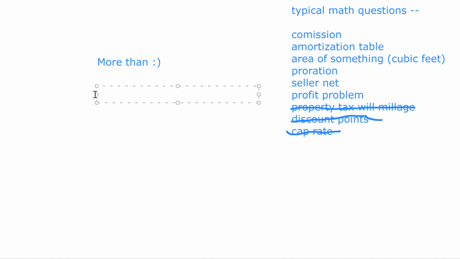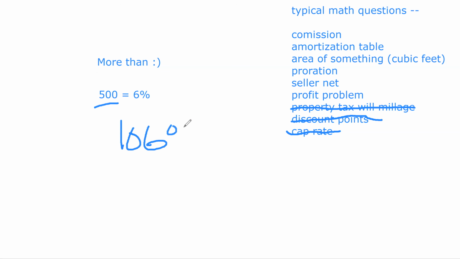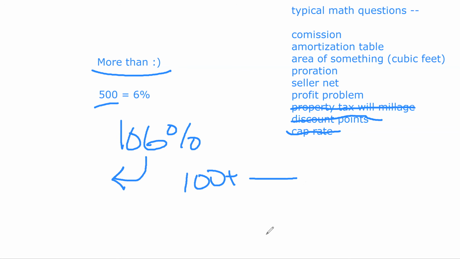So here's what I'm going to tell you. Let's say 500 equals 6% more than what I started with. What we're saying there is 500 represents 106% of what I started with. So understand this: more than means 100% plus whatever it's more than.